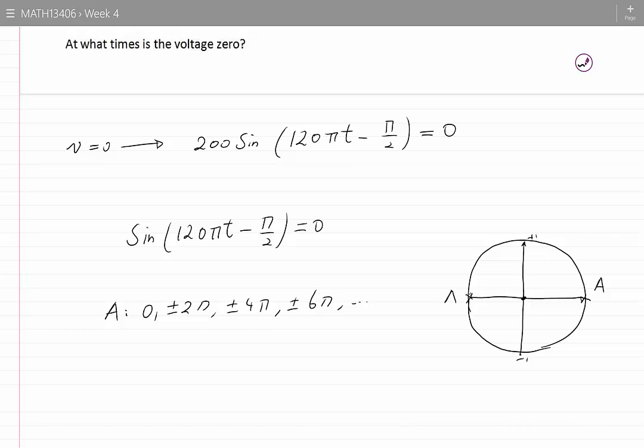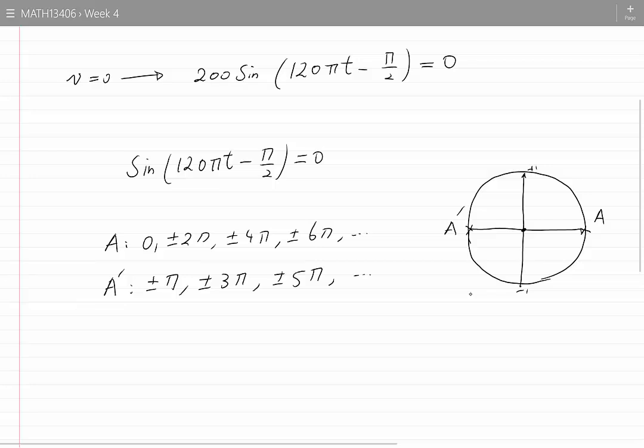And point A prime corresponds to plus or minus pi plus or minus 3 pi plus or minus 5 pi, etc. So we can see that altogether, both A and A prime together, they correspond to all integer multiples of pi.